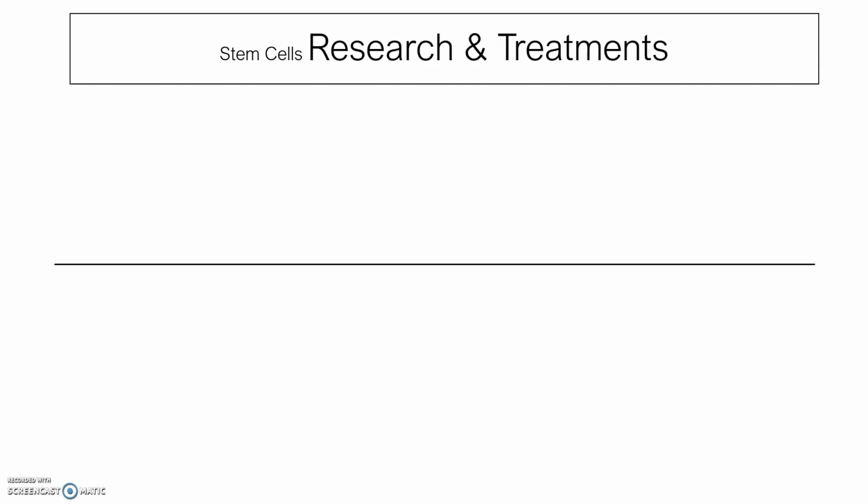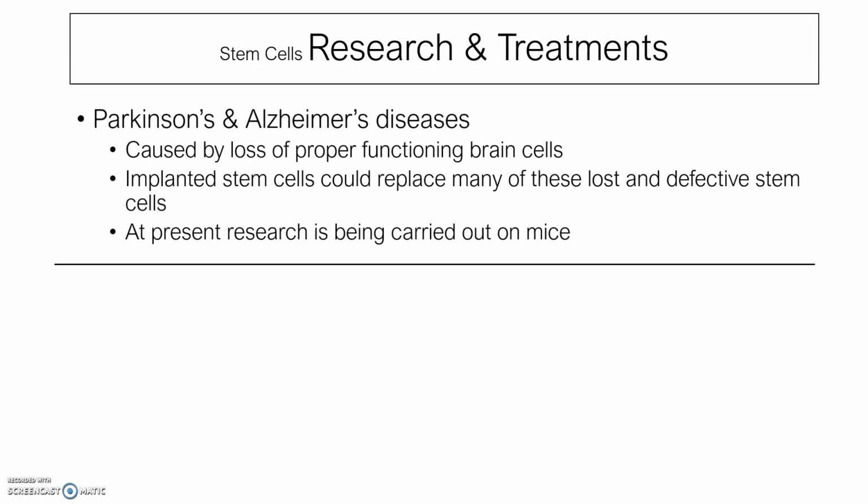Moving on to research and treatments. There was a mention of Parkinson's and Alzheimer's diseases in the book, which are caused by loss of properly functioning brain cells, and scientists are trying to see whether stem cells could replace many of these lost and defective cells.